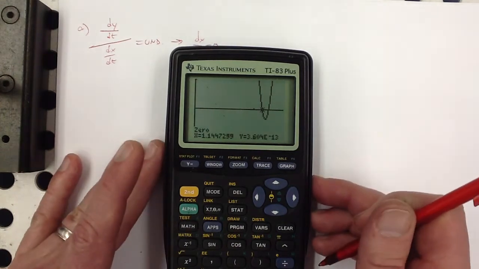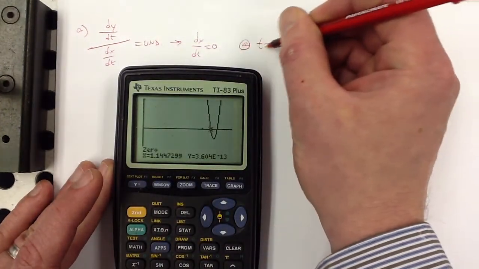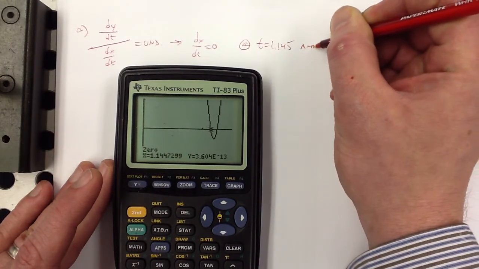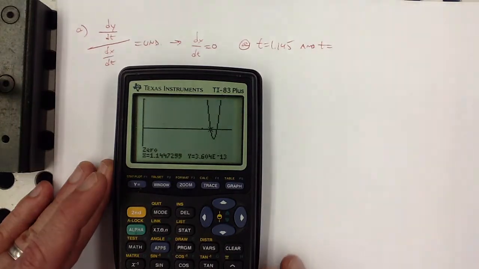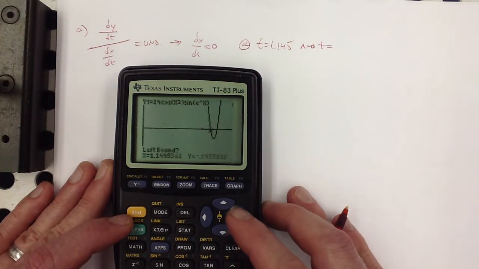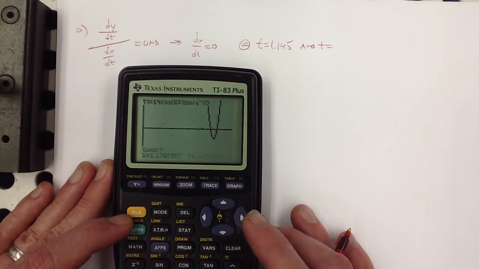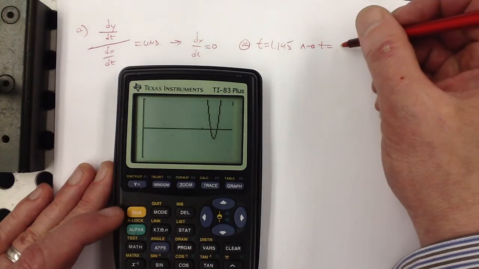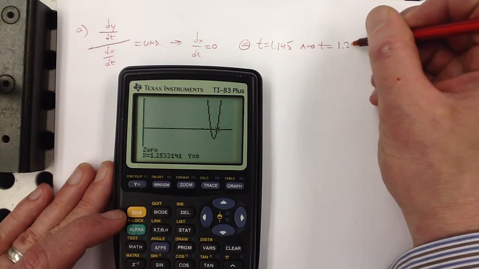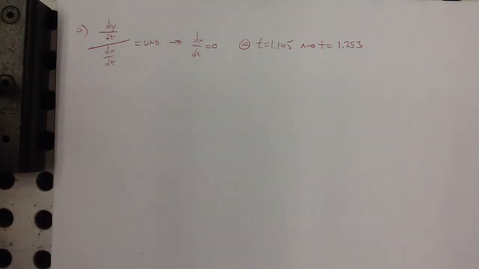So that happens at t equals 1.145 and t equals 1.253.